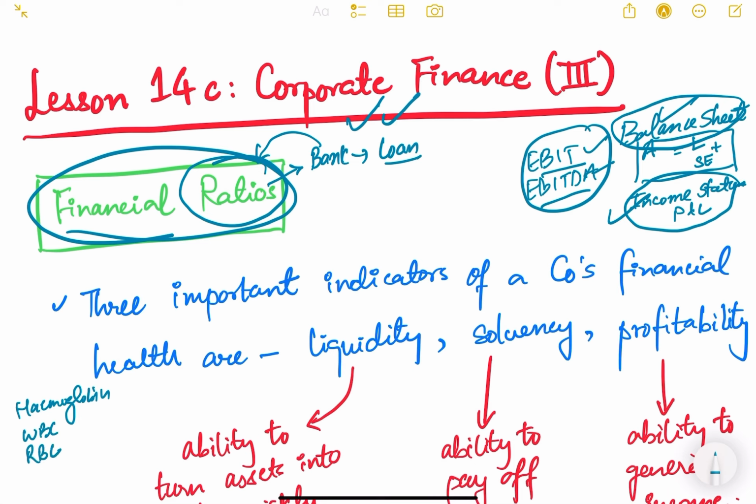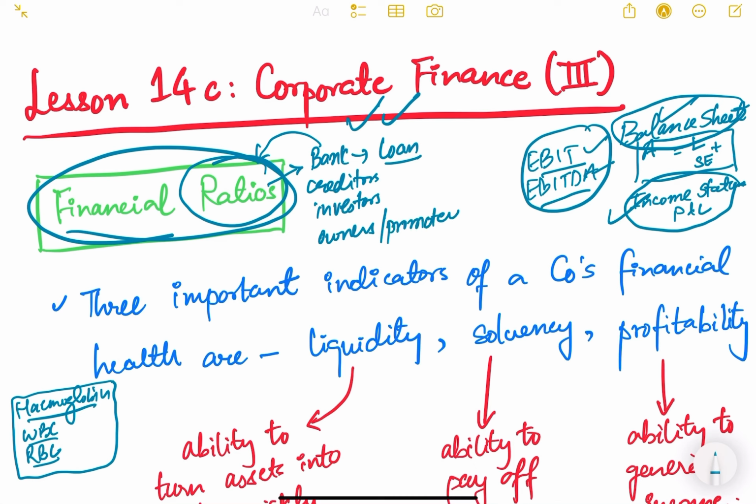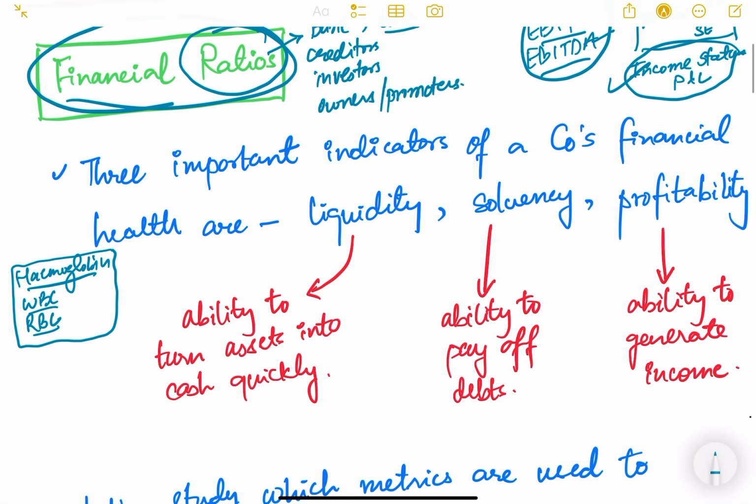They do different kinds of analysis, and these tell us the health of the person. Similarly, to look at the health of a company, banks, creditors, investors, and even the company's owners or promoters continuously look at the financial ratios of their company to understand its financial health. So I hope you have got this background.